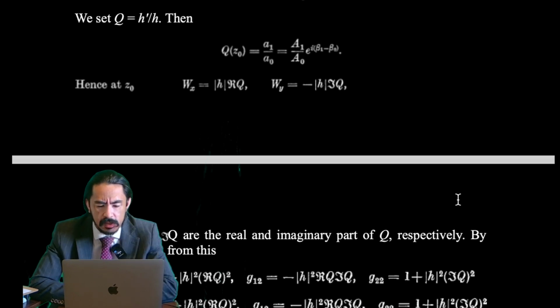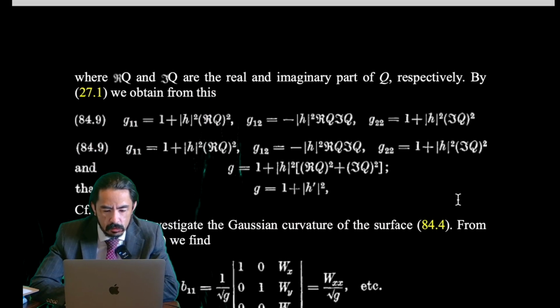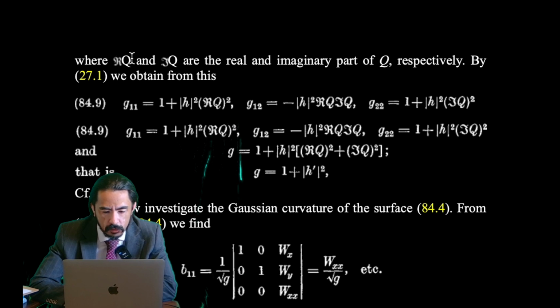Hence, at z naught, we have that capital W sub x is equal to the modulus of h, times, okay, this is German character capital R, and then capital Q. That means the real component of capital Q; this is kind of dated notation. So similarly here, we have capital W sub y equals the negative of the modulus of h, times the imaginary component of capital Q. It says right below, where R of Q and I of Q are the real and imaginary parts of capital Q respectively.